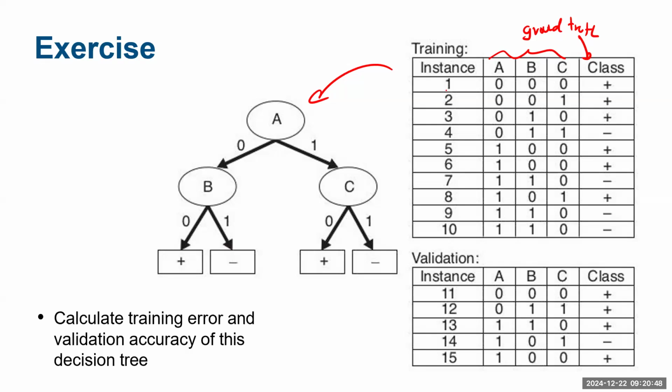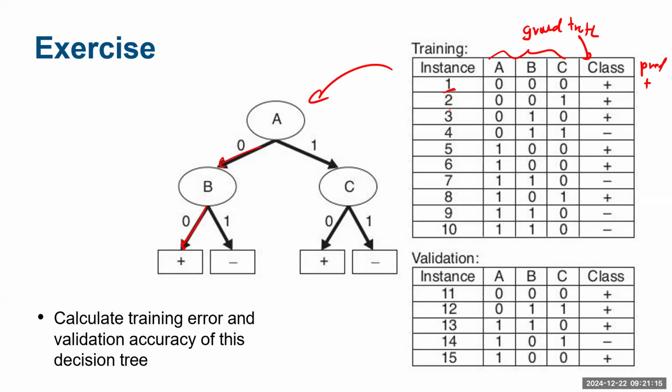So in step 1, what is the prediction? What is the prediction for data number 1? Is it plus or minus? So A is 0, right? You go to the left, and then B is 0, so you get plus. So your prediction would be plus.